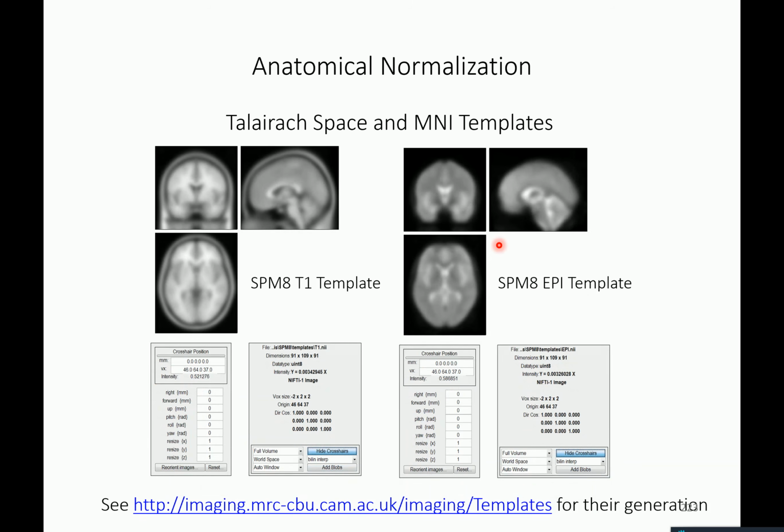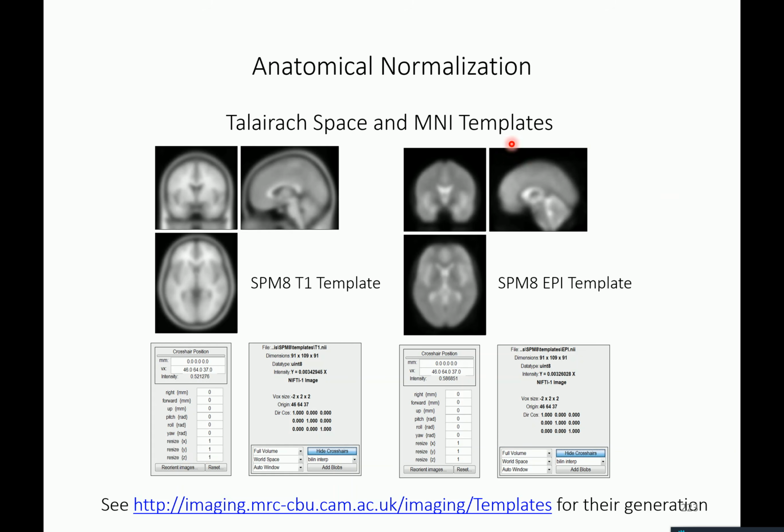There are more templates used in SPM. For example, what I prefer to do is actually directly align the EPI data to an EPI template, instead of aligning T1 data to a T1 template and then using a co-registration of EPI data and T1 to also get the EPI data into MNI space.